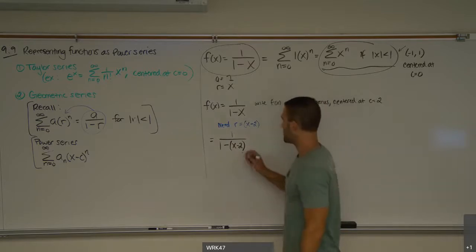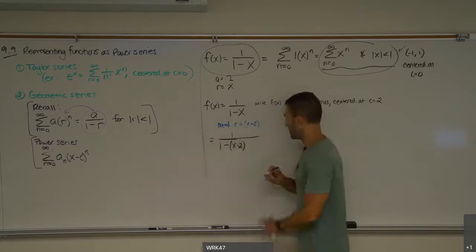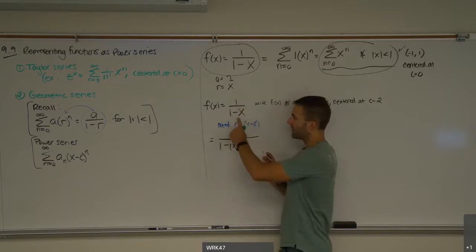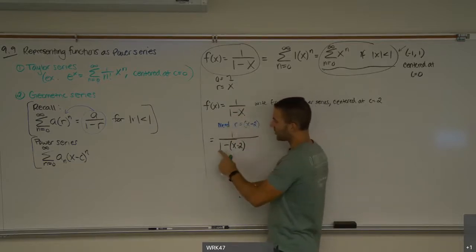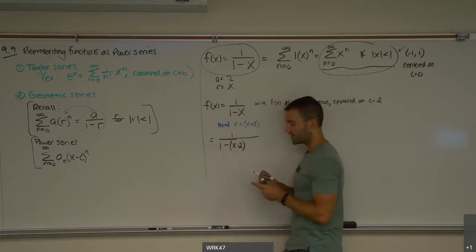But remember, this needs to be equal to my original function, so we can't just change our expression without paying any consequences. My original function is 1 over 1 minus x. What I did gave me 1 over 1 minus x plus 2, because of the parentheses with the minus sign.